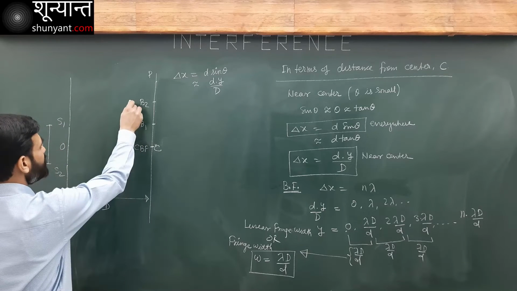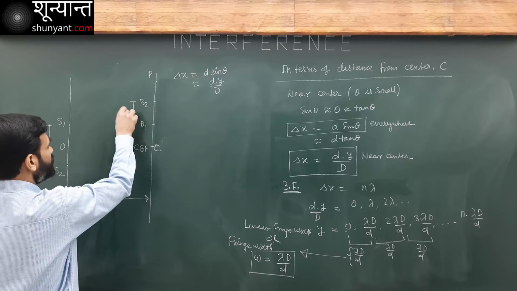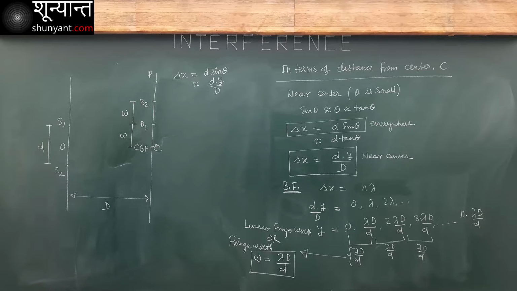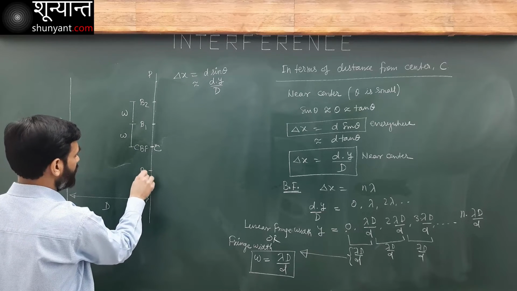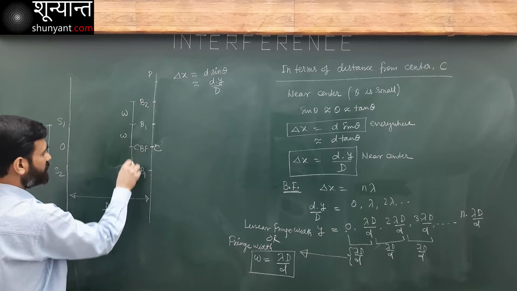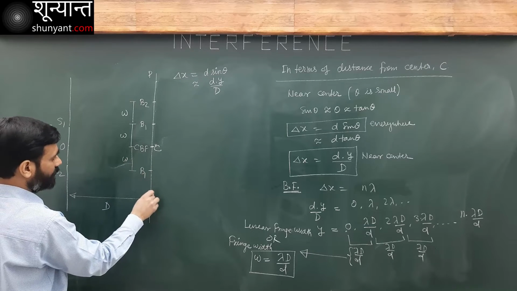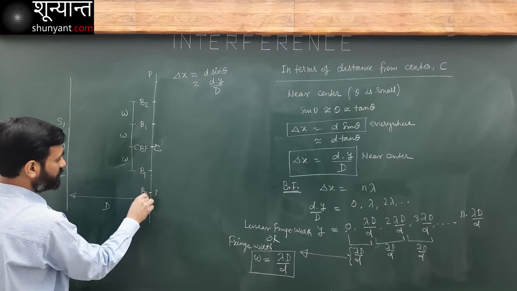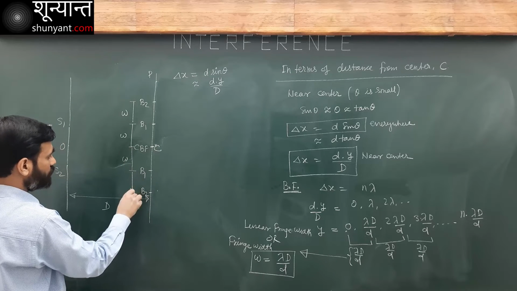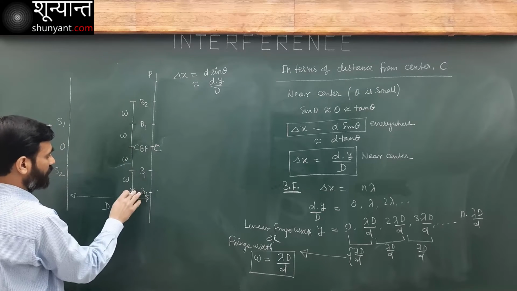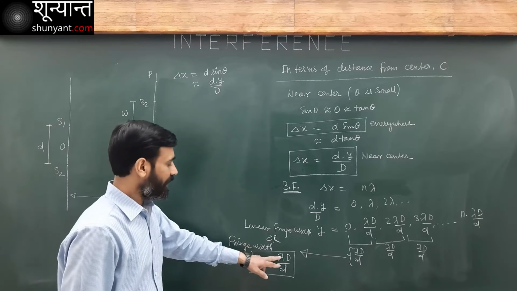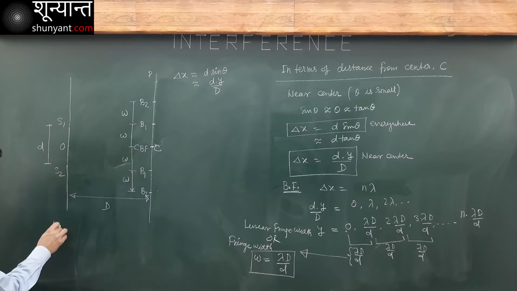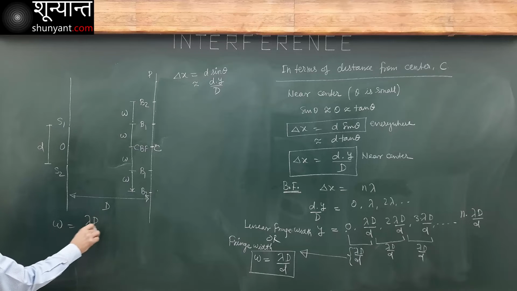Below the central position also, this is my first bright fringe, and this distance is going to be omega. B2, the second bright fringe, also omega. And what is omega? Omega is lambda D over d.